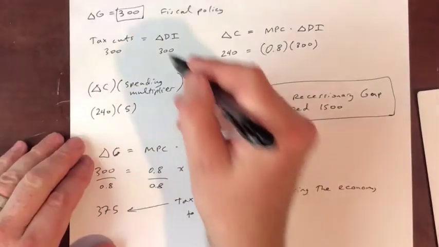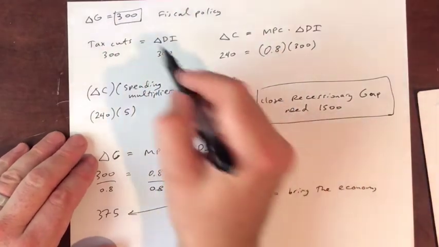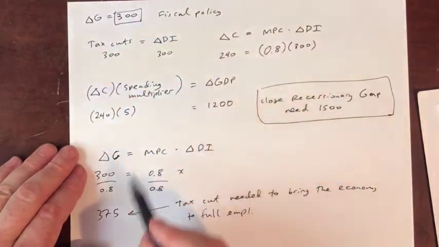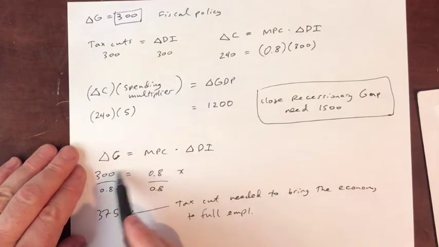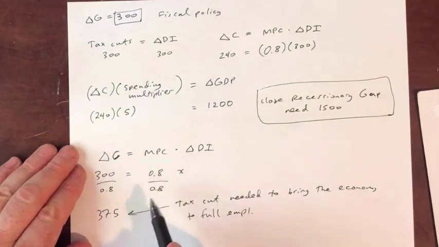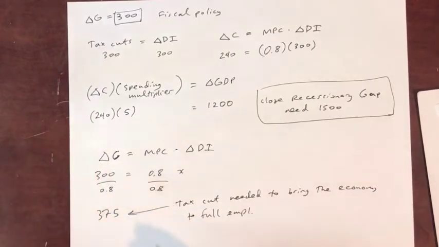So fiscal policy, right, these two elements, we could change G, or we could indirectly, by changing taxes, change consumption. Dollar for dollar, the tax cut is not as effective a method of stimulating the economy.